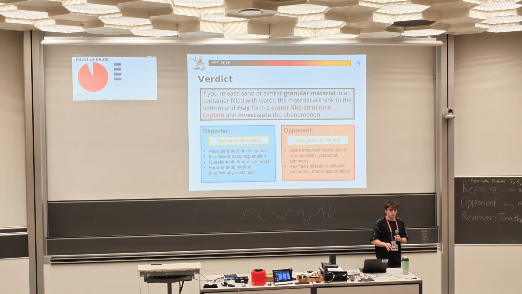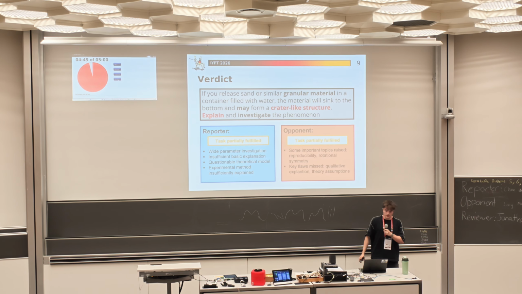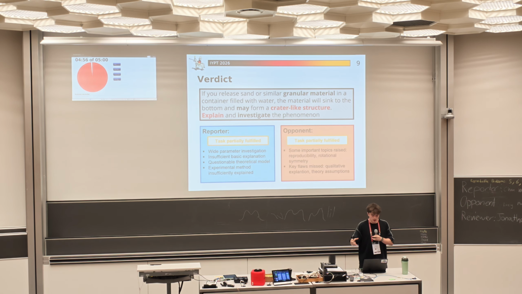However, the basic explanation is quite lacking, and the theoretical model's assumptions were not really stated. The opponent also partially fulfilled their task with some important topics raised, with the reproducibility and symmetry being some key points in the discussion. However, there were some more key flaws, in our opinion, that were missed. Thank you.